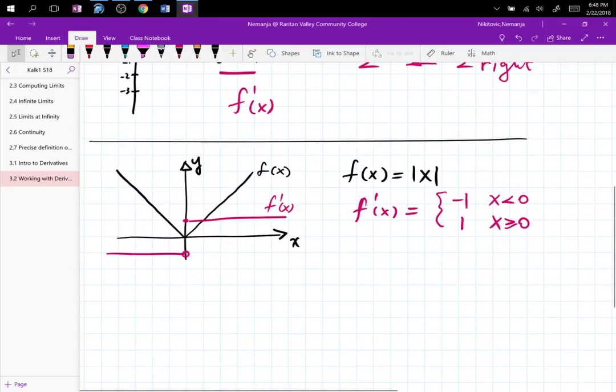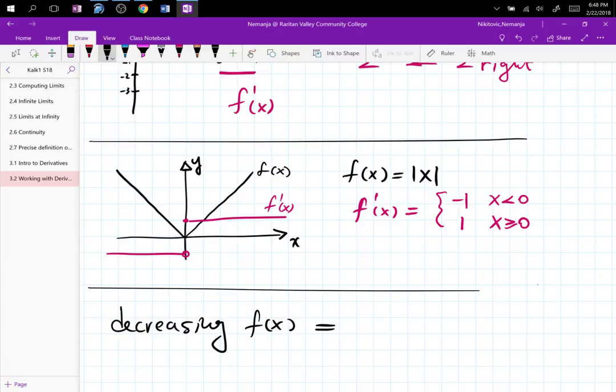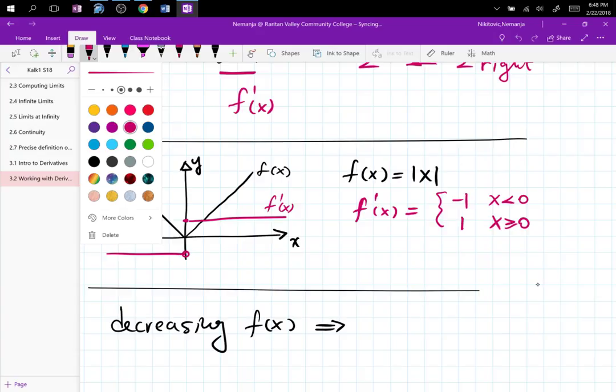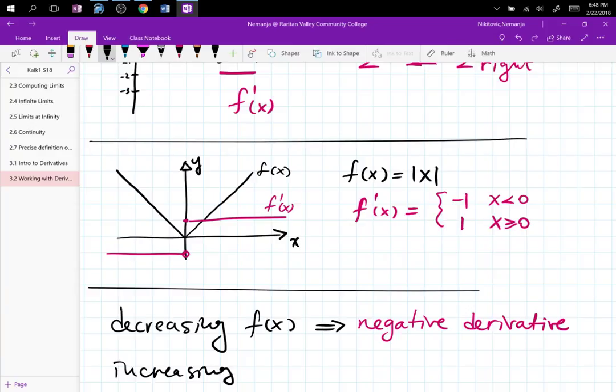So, a decreasing f of x yields a negative derivative. An increasing function, or part of the function, will give us a positive derivative.